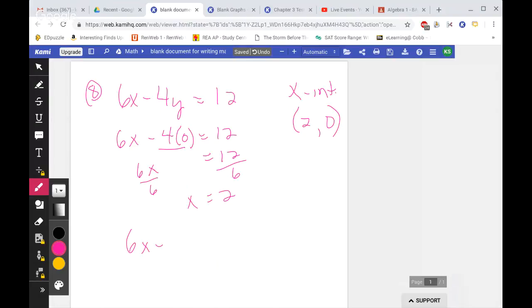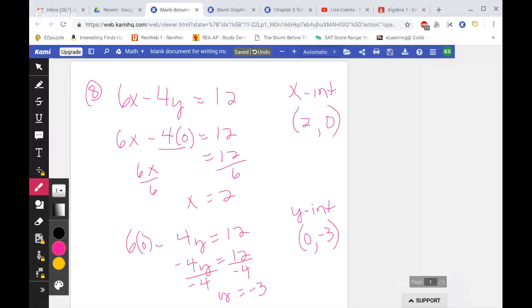And to find our y-intercept, you plug in 0 for x. Now we're going to divide both sides by 4. We have y equals -3. So that's how you find the x and the y-intercept.